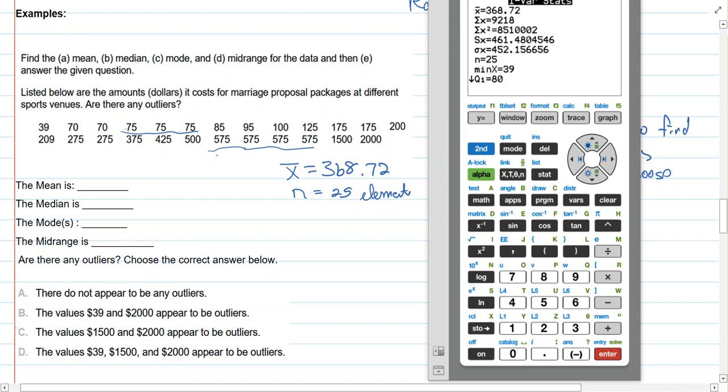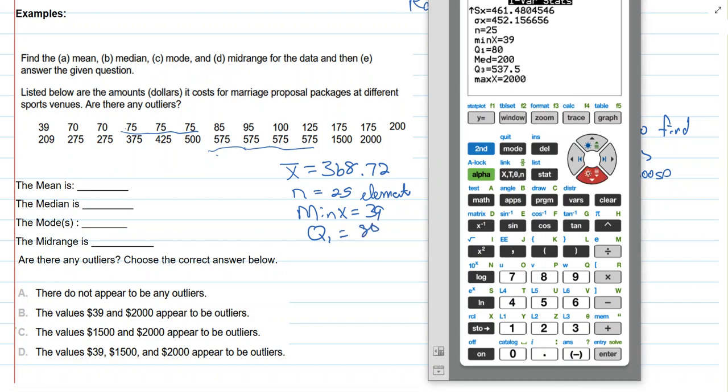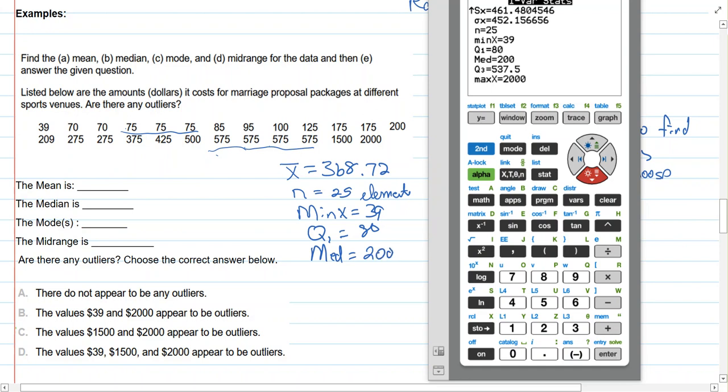I'm not going to do the standard deviations yet. I can have a min X that's equal to 39, a Q1, which equals 80, and then I arrow down, and I'm going to have the median equal to 200, and Q3 equal to 537 and a half.